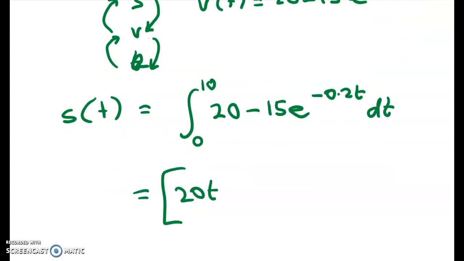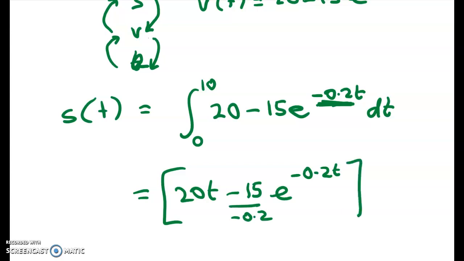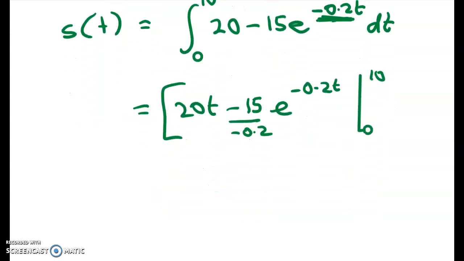So 20t, then we're going to have e to the negative 0.2t here. We want to end up with 15, but when we do the chain rule to differentiate, we're going to have negative 0.2, so it's going to be this. We're going to clean that up before we do anything else.